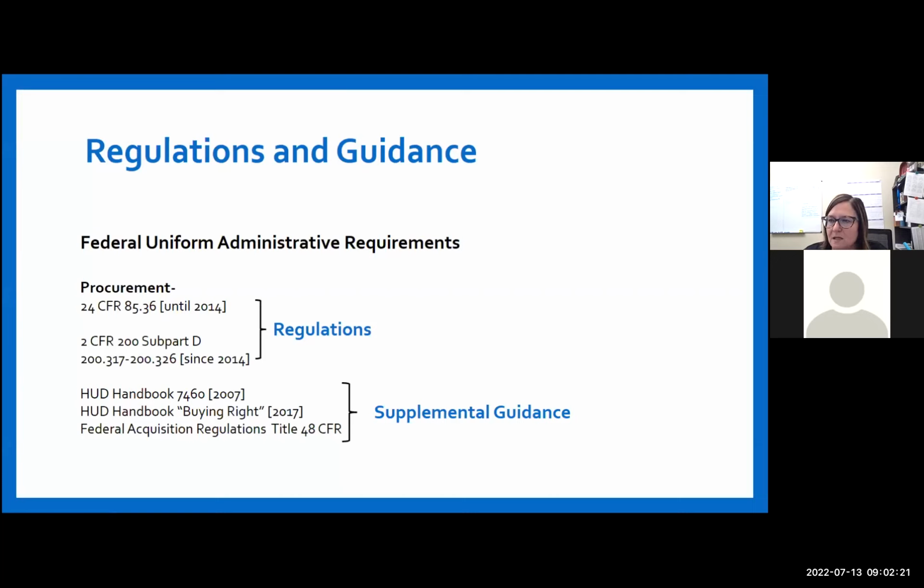And then in 2015, it changed to 2 CFR Part 200, Subpart D. HUD has some supplemental guides for procurement that are available. It's the HUD Handbook 7460, 2007, HUD Handbook Buy and Write in 2017, and then Federal Acquisition Regulations, Title 48 CFR.